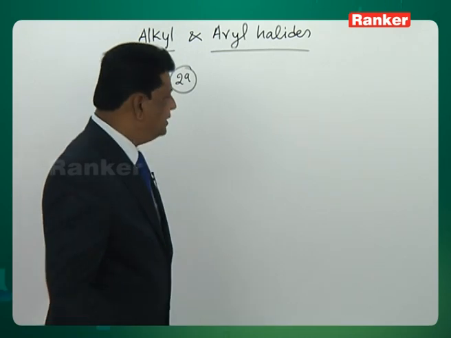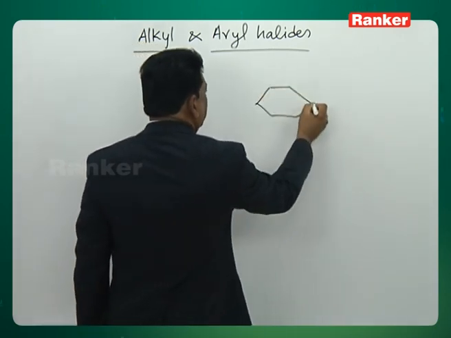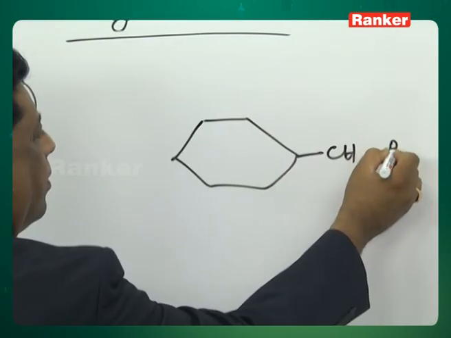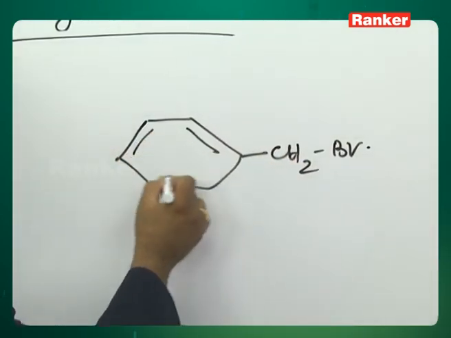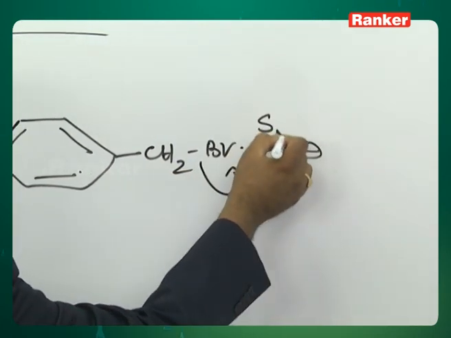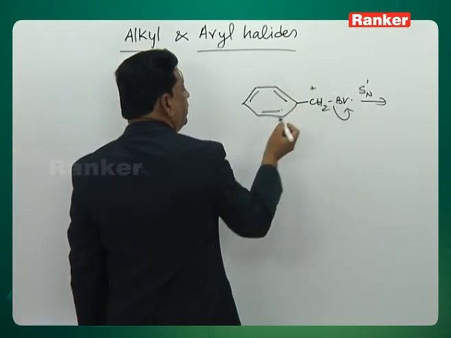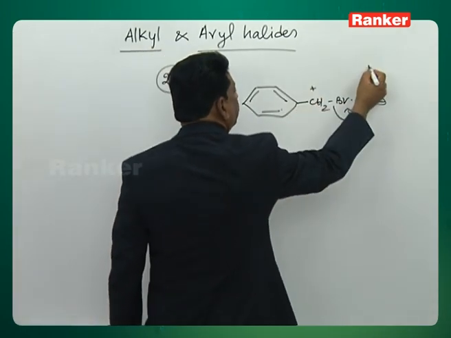So here, what happens in the benzyl bromide? In an SN1 reaction, first bromine will go, a carbocation comes here, and on the carbocation the nucleophile is going to attack.